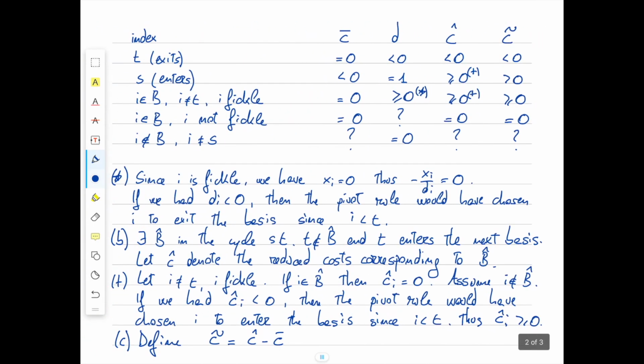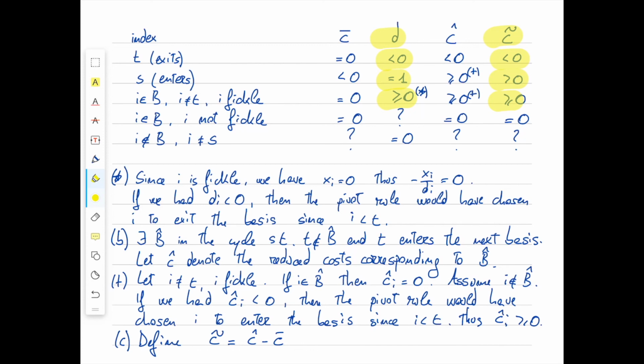Everything we need to do is to look at the columns corresponding to c tilde and d and multiply the corresponding entries. For the index t, we have strictly smaller than 0 times strictly smaller than 0, and the result will be strictly positive. For the index s, we have 1 times something strictly positive, and so the result is strictly positive. In the next row, we have greater than or equal to 0 times greater than or equal to 0, so the result is greater than or equal to 0.